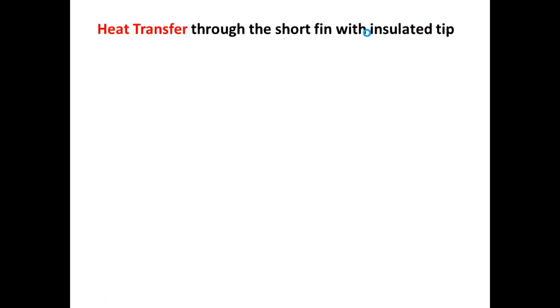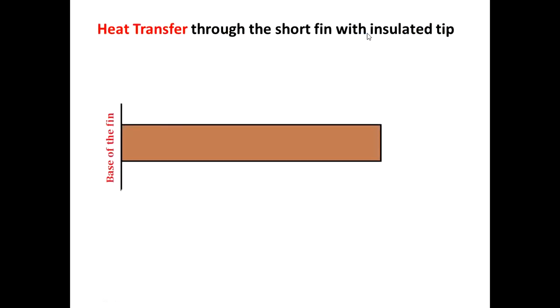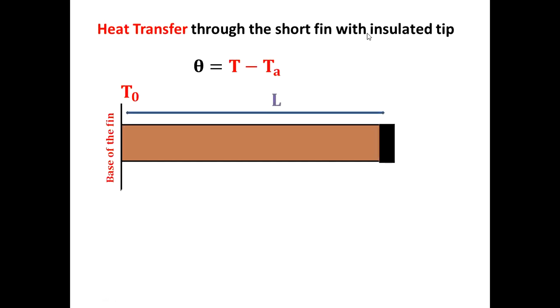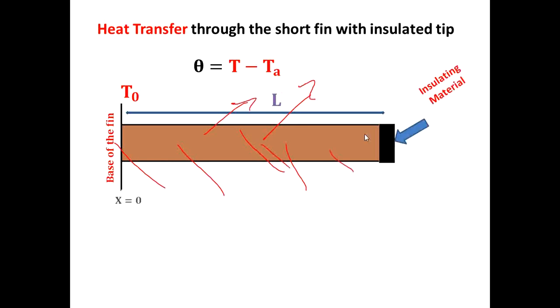Heat transfer through the short fin with insulated tip. Insulated tip means the base temperature T0 minus Ta will be there, with length L. This is the insulated point where heat transfer will not take place; heat transfer takes place only through the surface. This is the insulating material, x equal to 0, x equal to L. No heat transfer at this particular point.